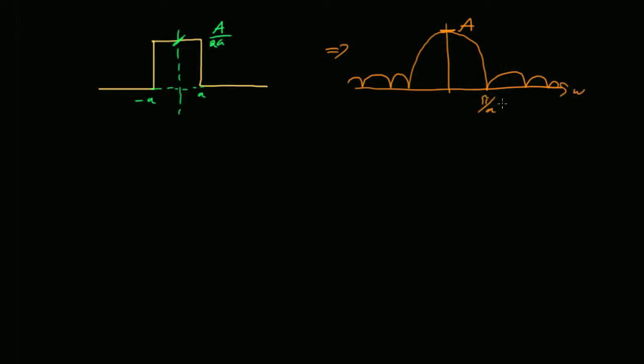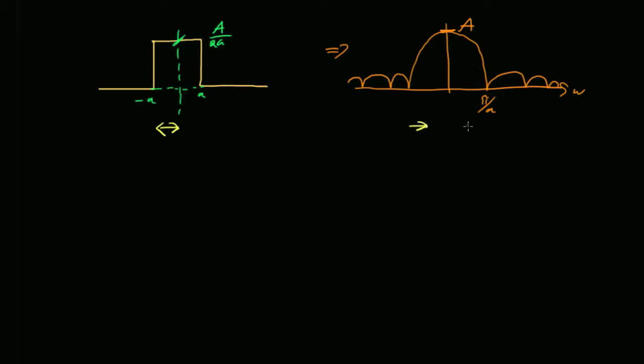Beautiful. And if I wanted it in hertz, divide by 2 pi, you get hertz. Okay? So, we understand the general principle that as your square pulse gets wider, your frequency pulse gets smaller.